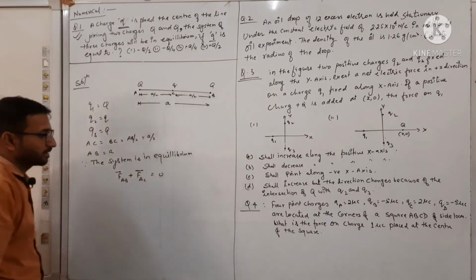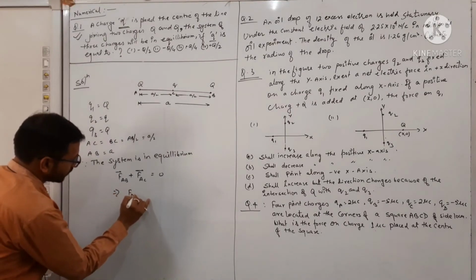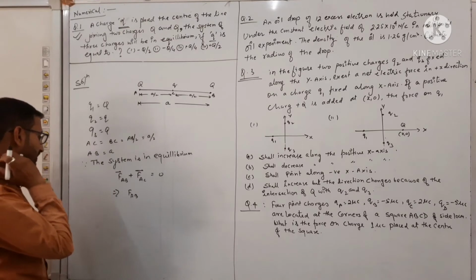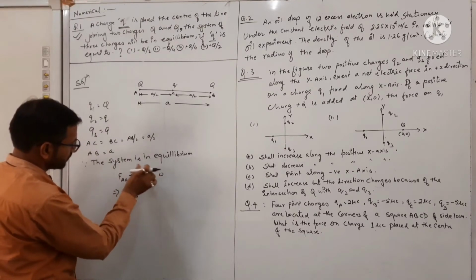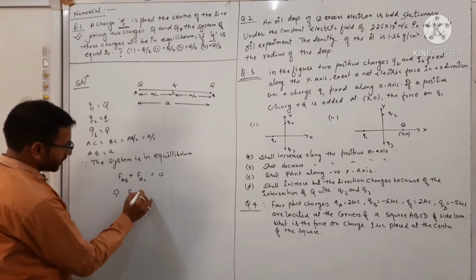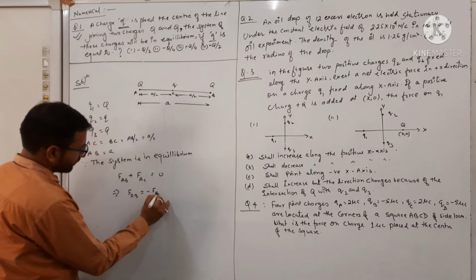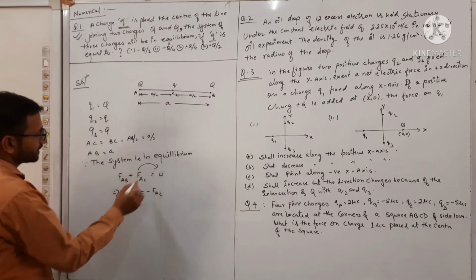If you want, you can write it in vector form. And in magnitude also, the value here is equal to 0. So we will get FAB equal to FAC with negative sign if it goes that side.